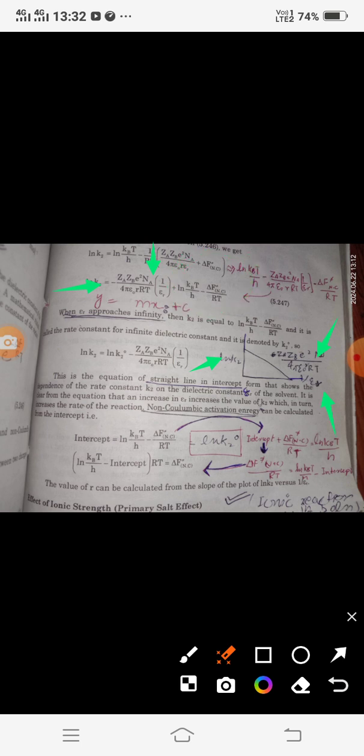How can the remaining part of the equation help? It can help us to determine the intercept value, because we know that intercept is equal to natural log kBT over h minus delta F nC over RT. How will this define the different factors' values? To understand this, we will talk about the intercept here.